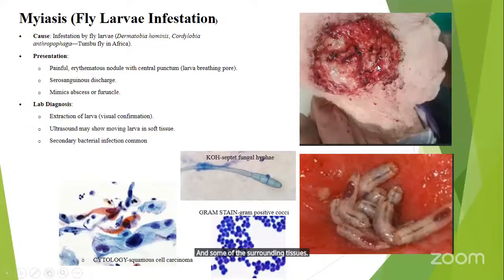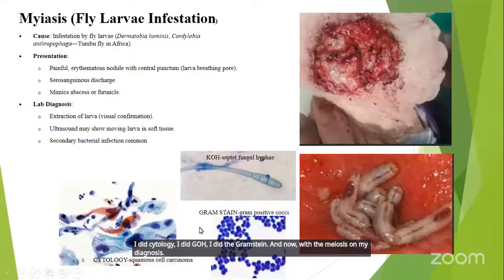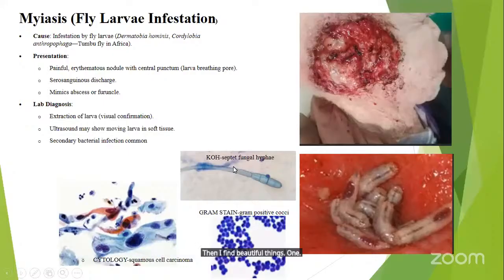Now, what did I do with this one? I did cytology, I did KOH, I did gram stain, and now with myiasis on my diagnosis, I find beautiful things. One, on KOH, it gives me this structure, which is a septate fungal hypha. Septate in that it has septations like a sugarcane plant. Several.